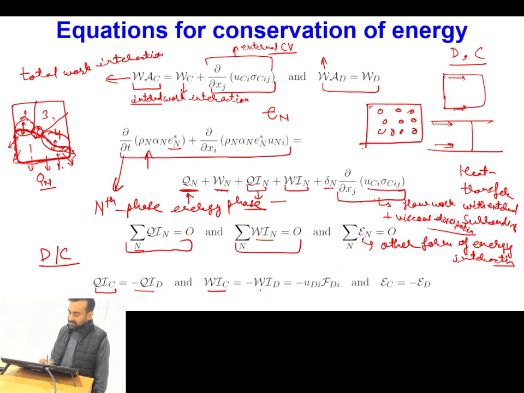Likewise, WIC has to be equal to minus of WID, and if I know that FDI is the force which is acting on dispersed phase in ith direction because of the continuous phase, and UDI is the velocity of the dispersed phase particle in ith direction, then multiplication of UDI and FDI will give me nothing but my dispersed phase work interaction. Okay. And likewise, other form of energy interaction, epsilon C has to be equal to minus of epsilon D.